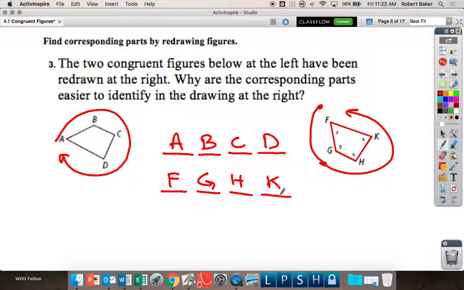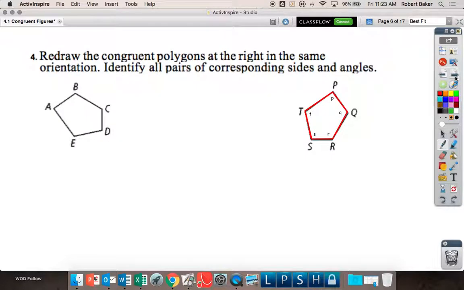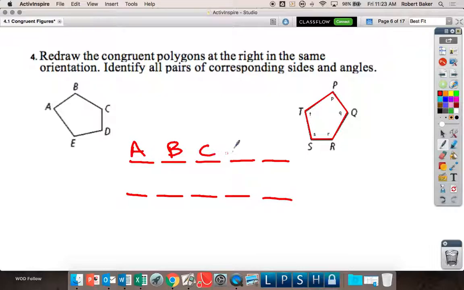But we can make it even more complicated like this. Do you want to start this one out? You just watch this. So, help me out. What is the congruency statement? A, B, C, D. So basic. That's alright. A, B, C, D. We went like this all the way around.